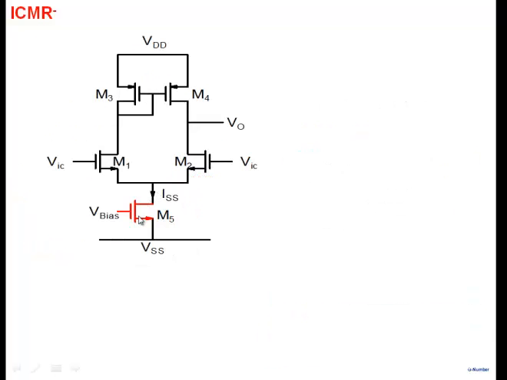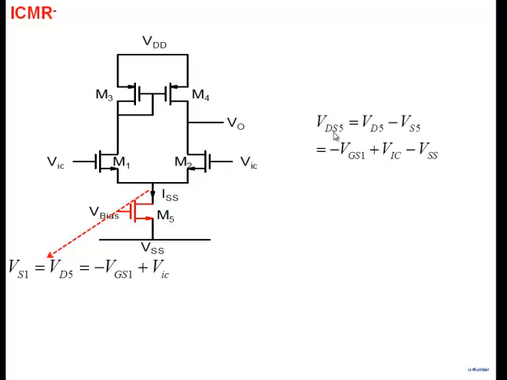All right. So the focus now, remember, ICMR minus is determined by this transistor here, the bias transistor here. ICMR plus is determined by M1. ICMR minus is M5. All right. So same thing we have to do here. We calculate this voltage, which is minus VGS1 plus VIC here. This voltage is fixed, and we calculate VDS5, which is the difference of the two.